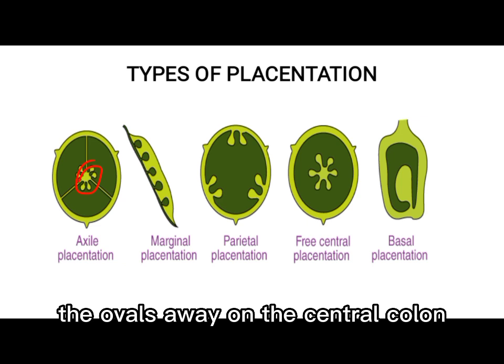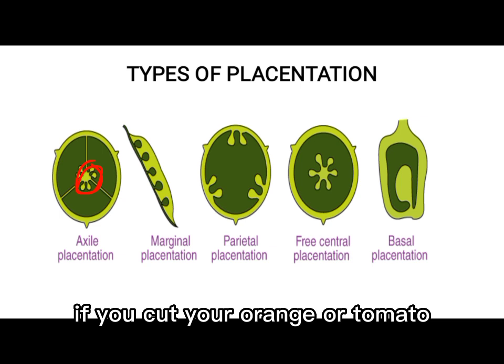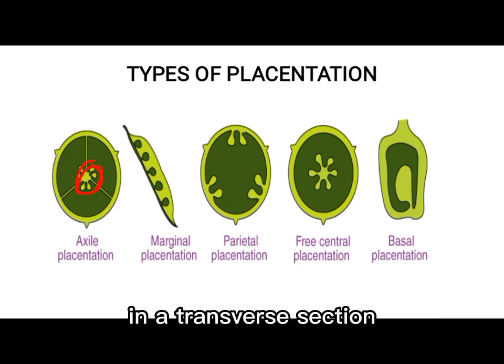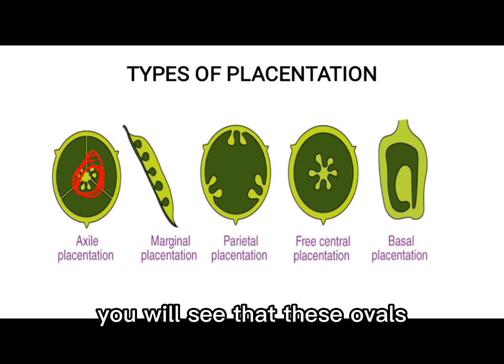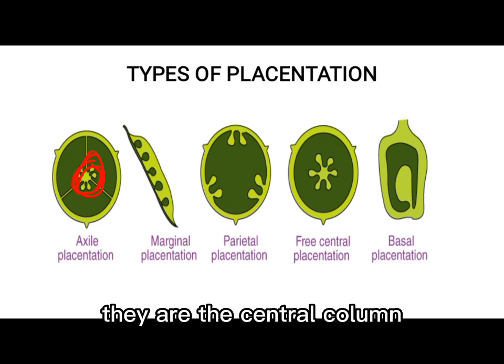The ovules are where? On the central column. A very good example of that is tomato, orange. If you cut your orange or tomato in transverse section, you will see that these ovules are attached at the central column.